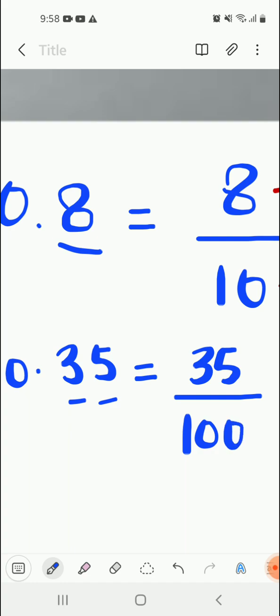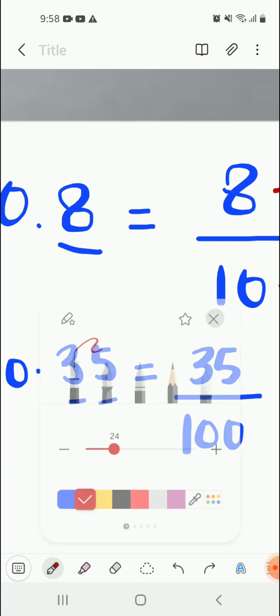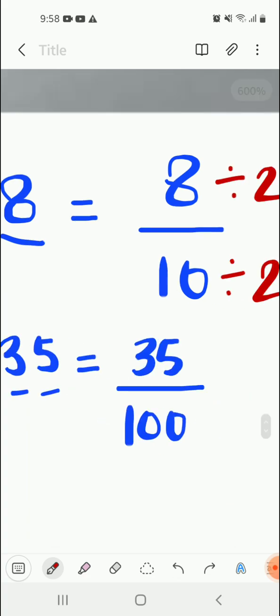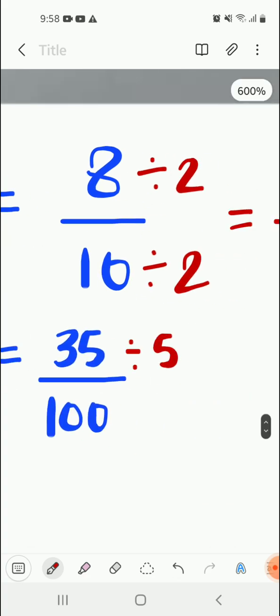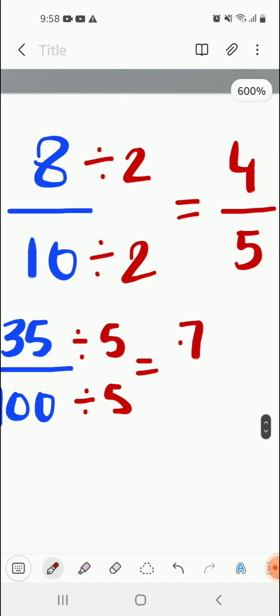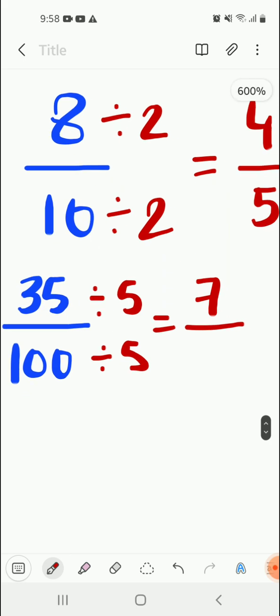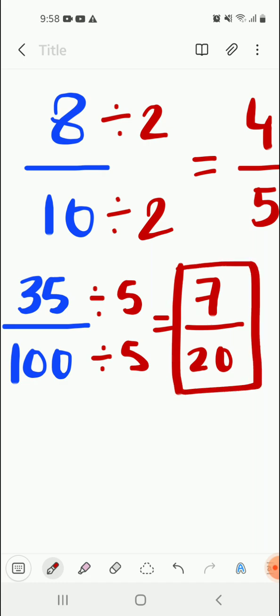Now both are divisible by 5, as you can see, it ends with 5 and it ends with 0. So we are going to divide both by 5 in order to reduce the number. We get 7, and 100 divided by 5 we get 20. It cannot be further divided or reduced, so this is our answer.